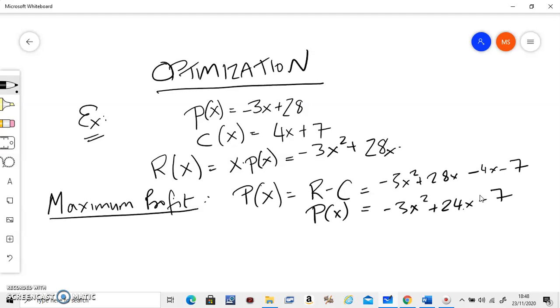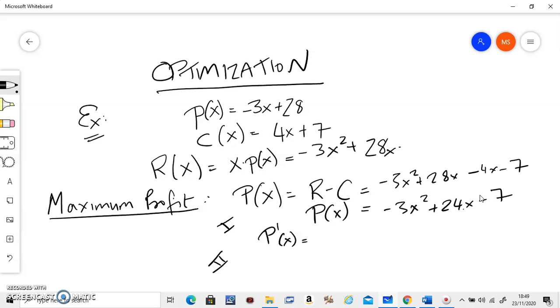Now, in order to find maximum profit, you need to do the steps of relative maxima and minima, which was two steps. First, you find the differentiation of the function. If the question was to find maximum revenue, you would differentiate the revenue function.